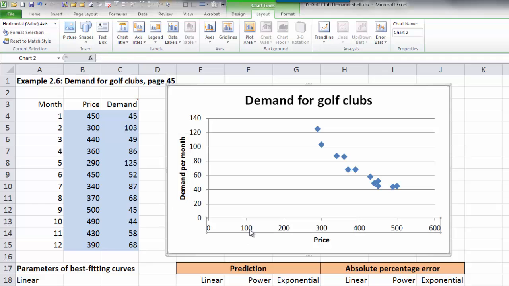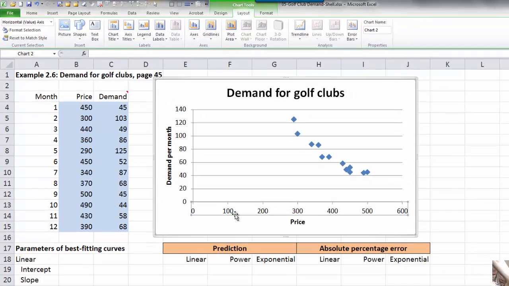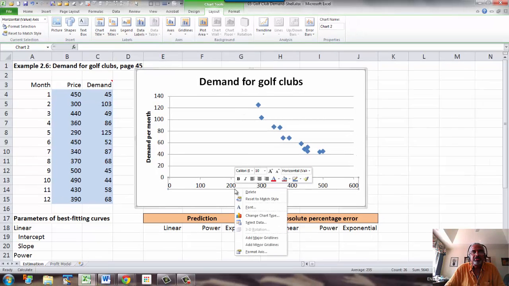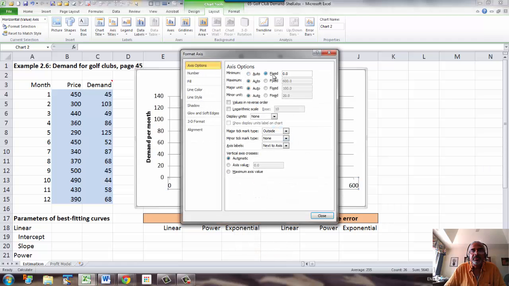We will set up the x-axis to go from, I don't know, 200 to 600. Actually, your book has it 280 to 520, so I'll use the same set of numbers.